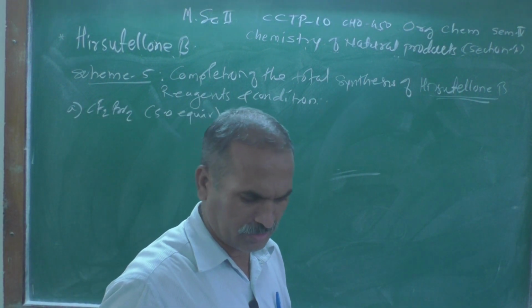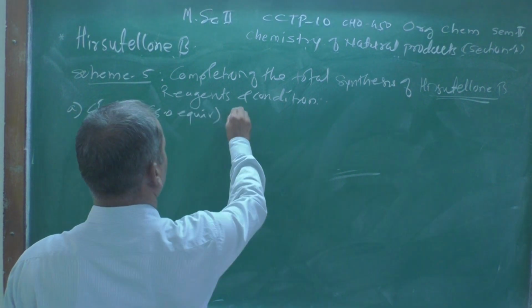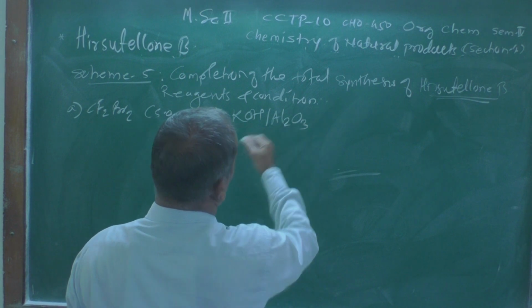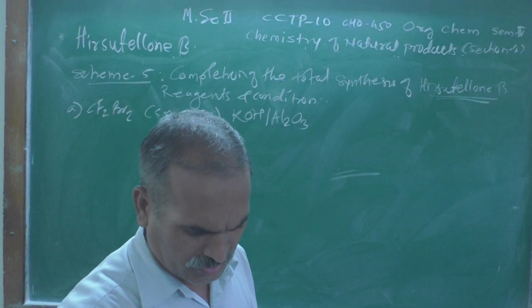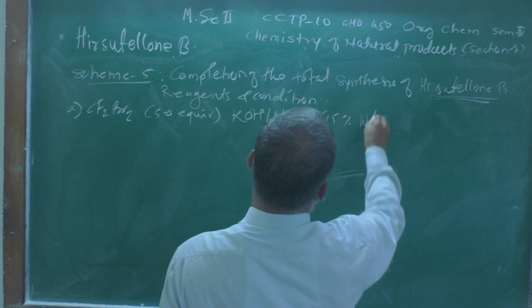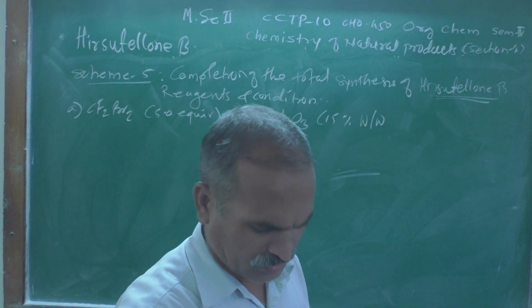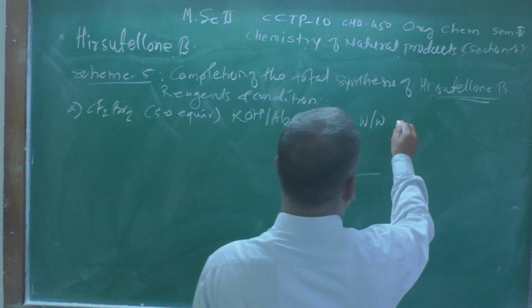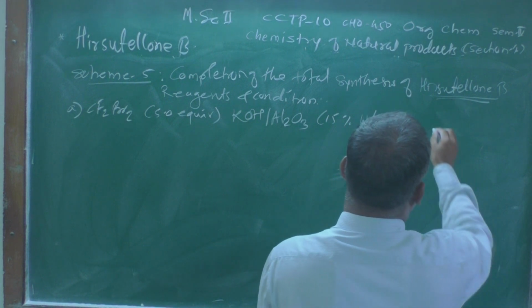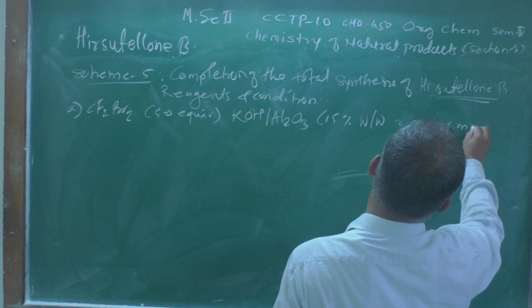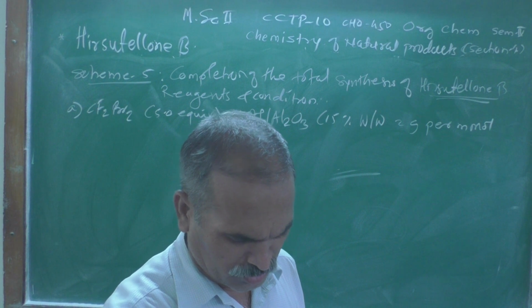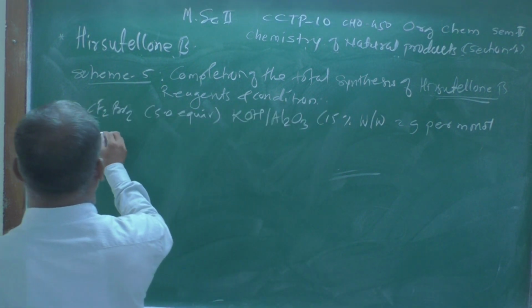That is the amount taken in the presence of KOH, potassium hydroxide, and alumina, Al2O3, 50% weight by weight, 2 gram per millimole of CH2Cl2.